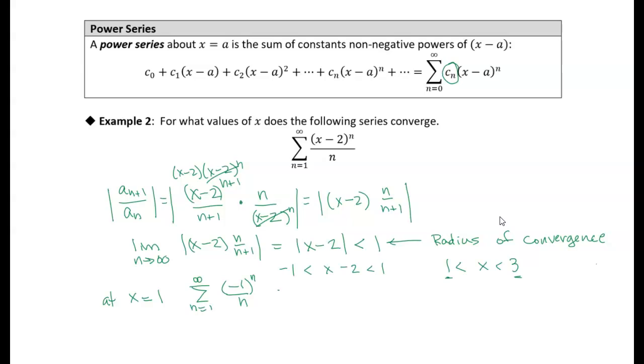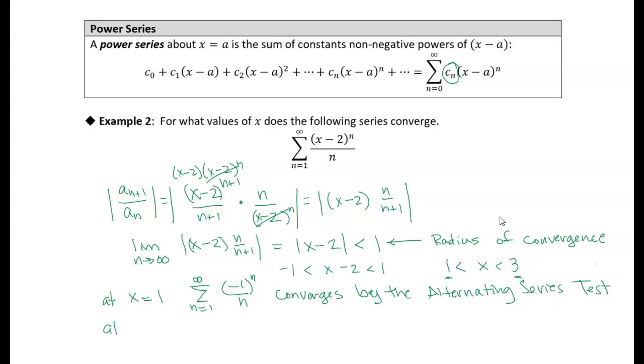Okay, so this one converges by the alternating series test. Okay, so we can actually include the point 1 in our interval of convergence.